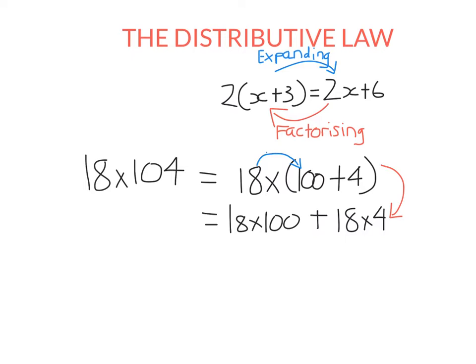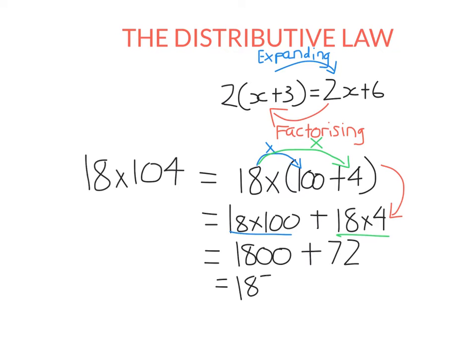We distribute the 18 to the 100 by timesing them together. That's how I got 18 times 100. And then I distribute the 18 to the 4 by timesing them together. That's how I got this part here. In this case, you have made it a lot easier. 18 times 100 is easy to do. 18 times 4, you just double it again, and you get an answer of 1872.